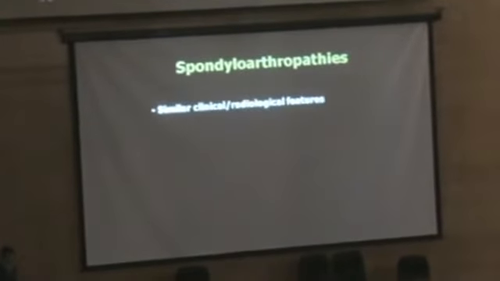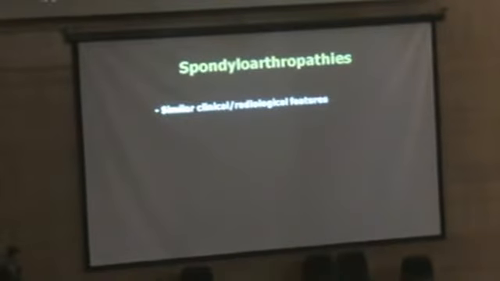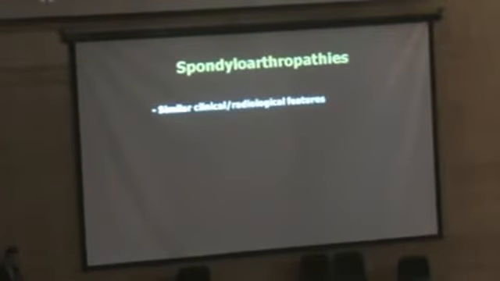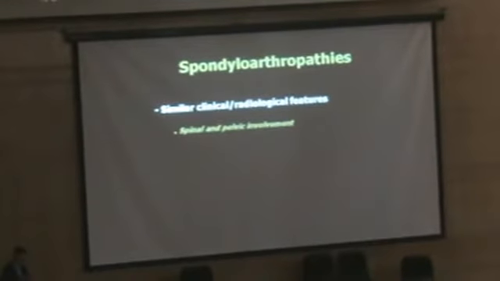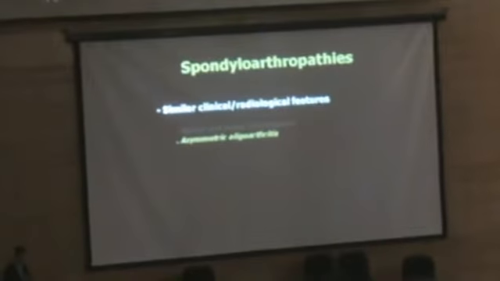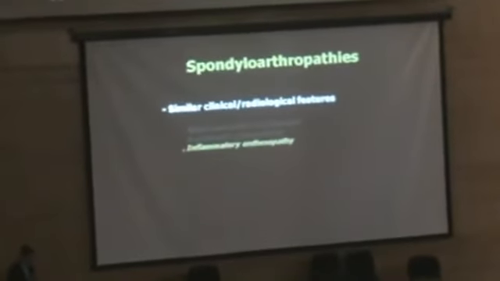So spondyloarthropathies actually include a range of diseases or pathologies with similar clinical and radiological features. And those are spinal and pelvic involvement. Very often we can find asymmetric oligoarthritis.